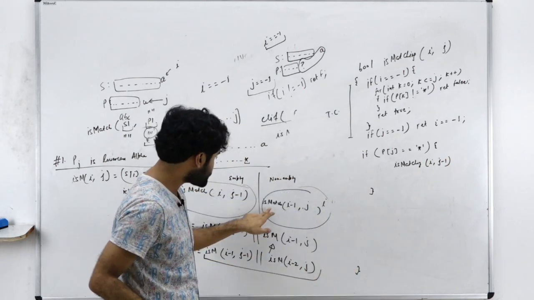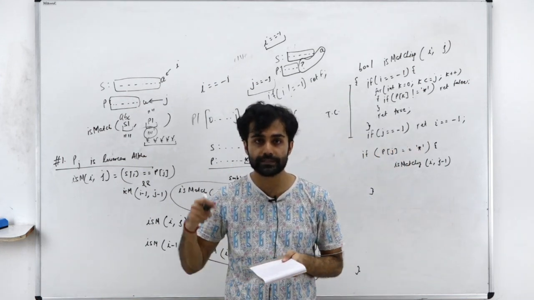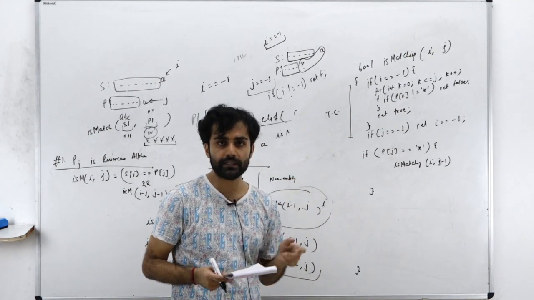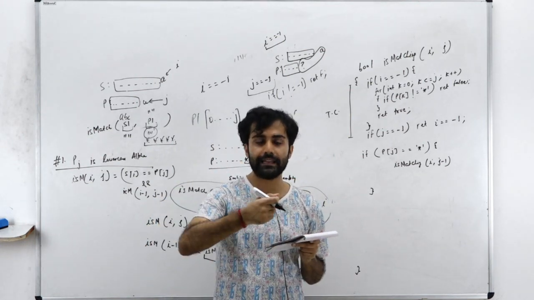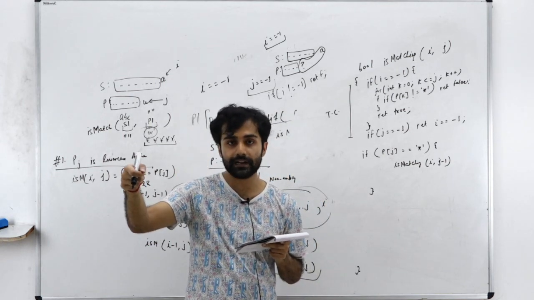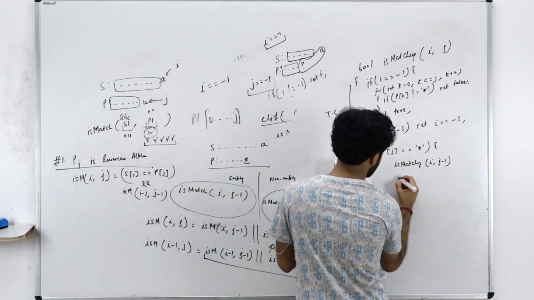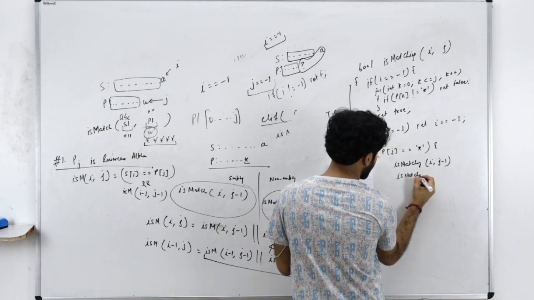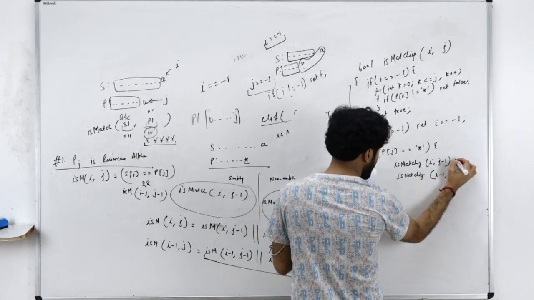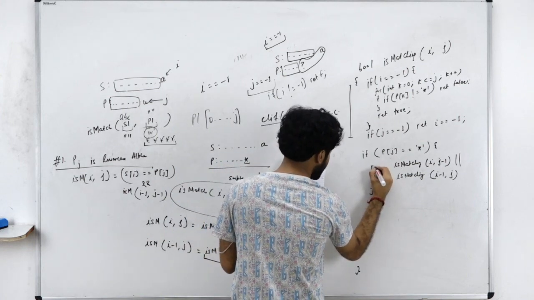And the second case is where you would consider its contribution to be non-empty. Then you change your i by i -1, that is letting go of one character and letting it match against one occurrence of that star, but you would keep your j as it is so that it can match subsequent other characters also. So you would write isMatching(i -1, j), and if any of them is true, then you want to return true, so you take an OR of these two values, and then this is what you would return, right?